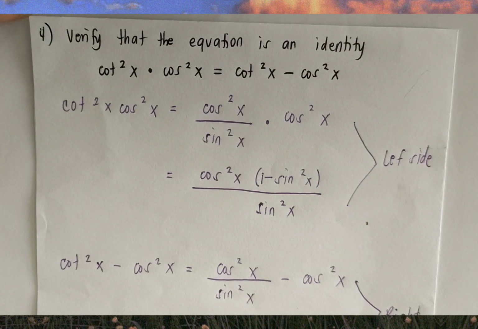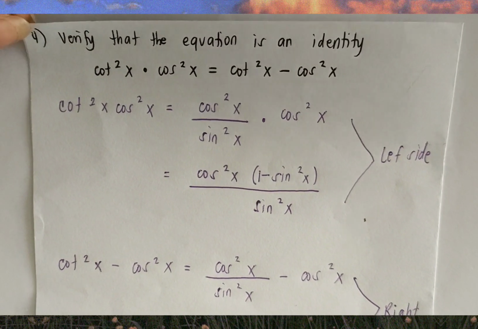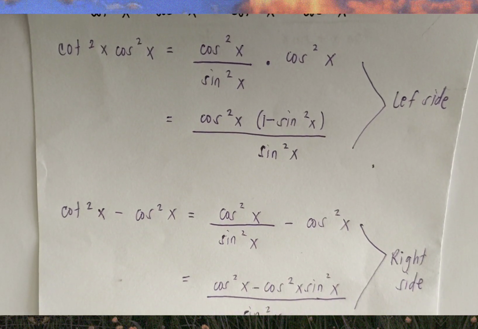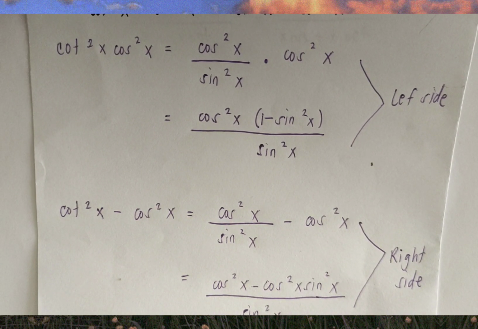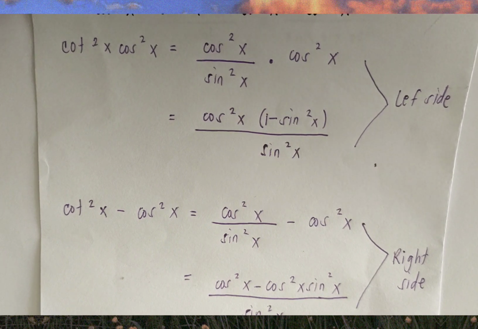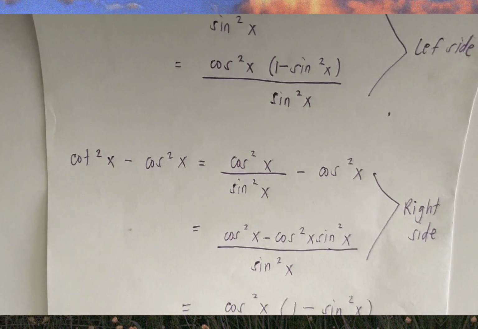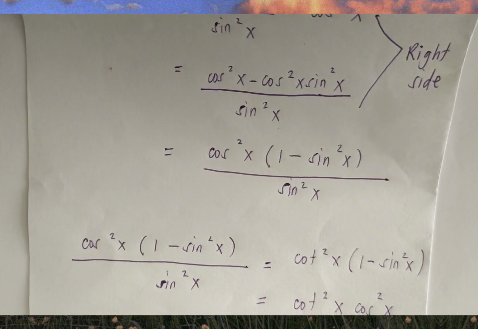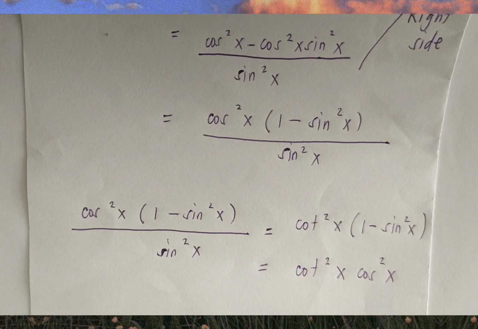Okay, this is our solution for number 4. Again, both sides need to be transformed and manipulated so that the two sides will end up with the same expression. And since they are the same, then they are an identity.